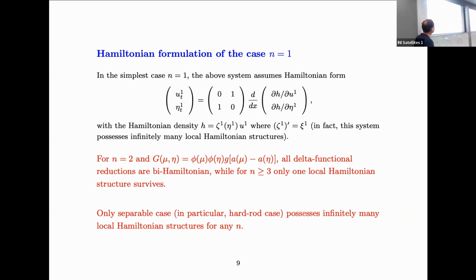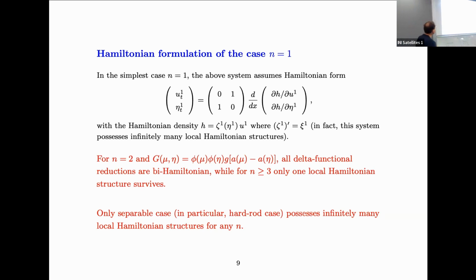This two-phase interaction kernel doesn't enter the system, right? And the Hamiltonian is given by this explicit formula where the function zeta is the antiderivative of psi. Psi is a free soliton, right? So it's always Hamiltonian. In fact, this system for n equals 1 possesses infinitely many local Hamiltonian structures. It's just one of them, the simplest.